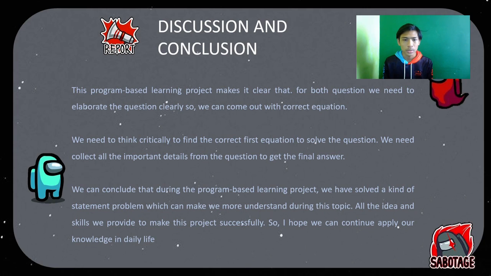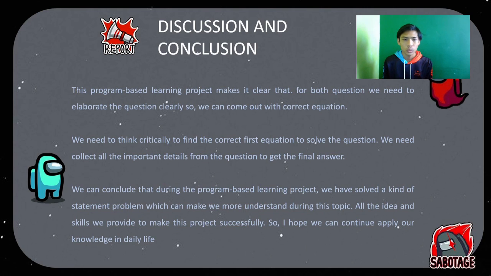This problem-based learning project makes it clear that for both questions, we need to elaborate the question clearly so we can come up with the correct equation. We need to think critically to find the correct first equation to solve the question. We need to collect all the important details from the question to get the final answer.